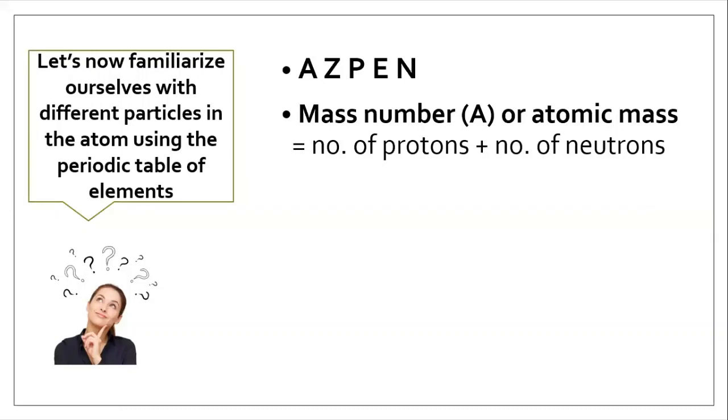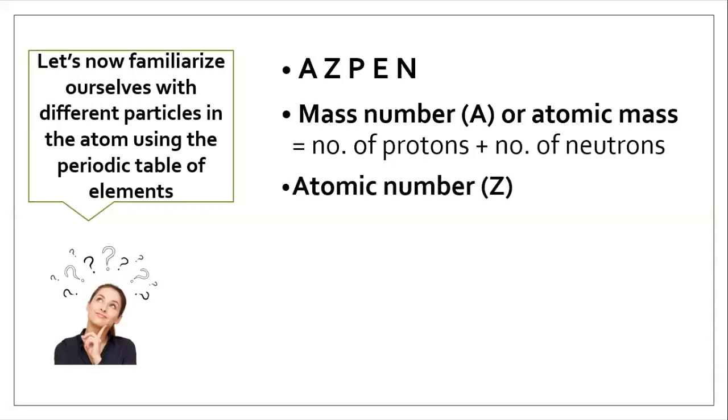To get the mass number, you add the number of protons and the number of neutrons. As we said yesterday, protons are positively charged particles. Neutrons, it's either positive or negative charges. So that is letter A.